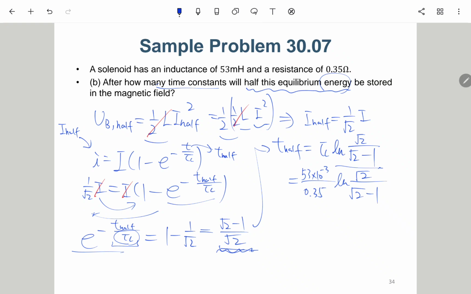Or maybe we can just keep this because it just asks how many time constants. So finally it becomes 1.23 tau L. So this is 1.23 time constants.